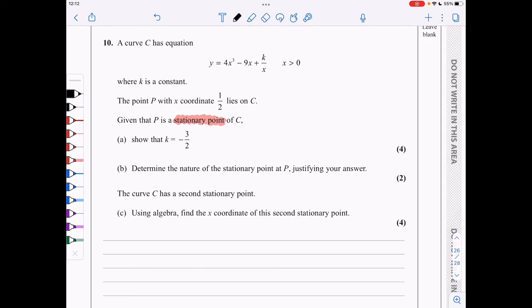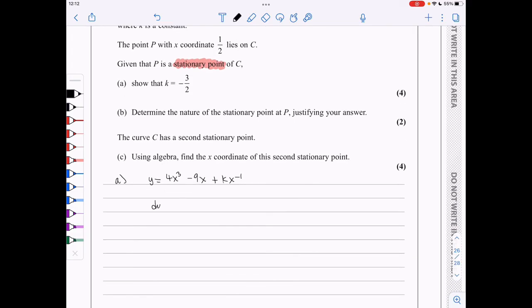I will start by writing y as 4x cubed minus 9x plus kx to the minus 1. So dy dx is simply 12x squared minus 9 minus kx to the minus 2.